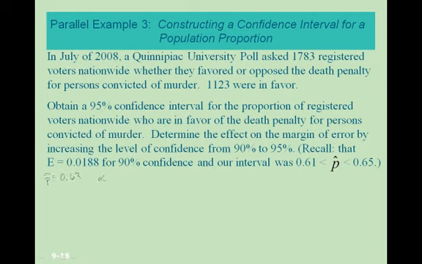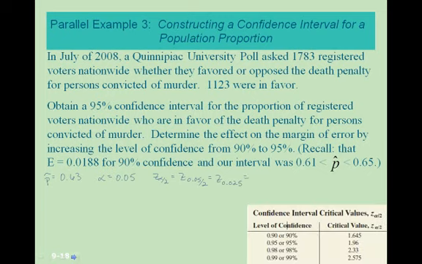But now alpha is equal to 0.05. So when we take z sub alpha over 2, we have z of 0.05 divided by 2, which would be z sub 0.025. When we look at it on our table for 95% confidence, we get a value of 1.96.